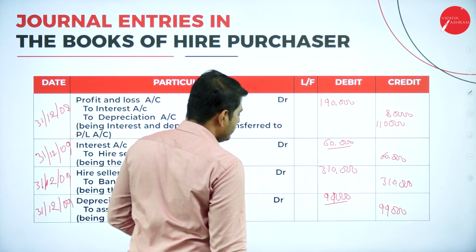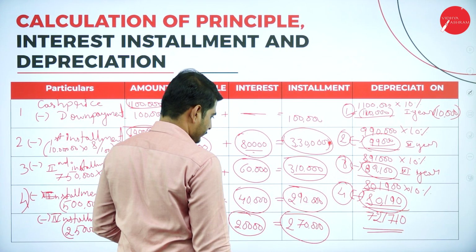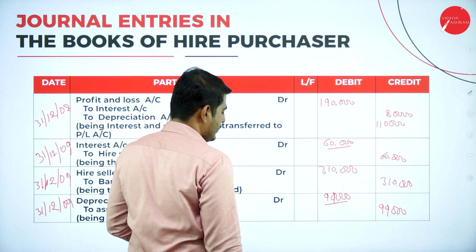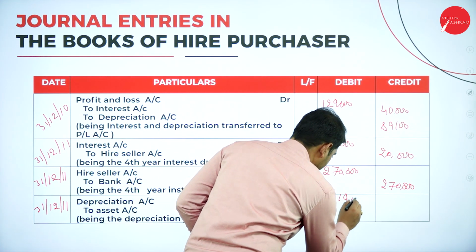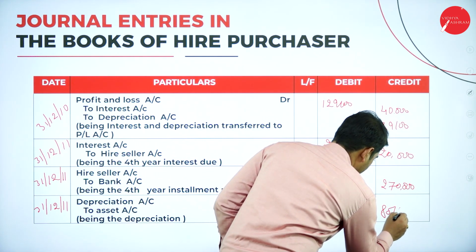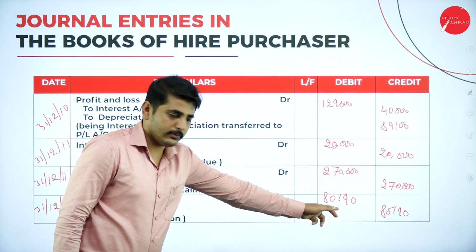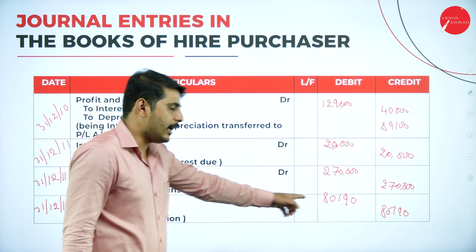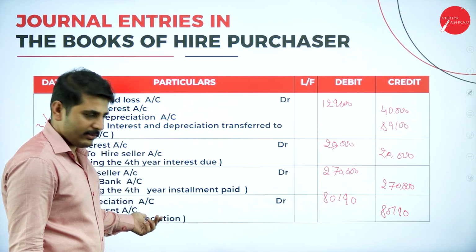So Depreciation account 80,190 to Asset account 80,190. I hope you are clear. What is the asset? The car is the asset. You can write Car or Asset account, either one.